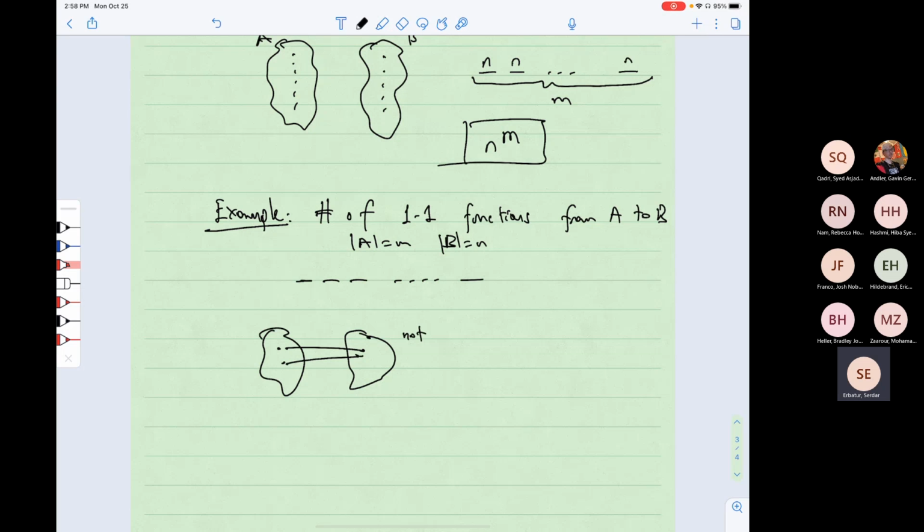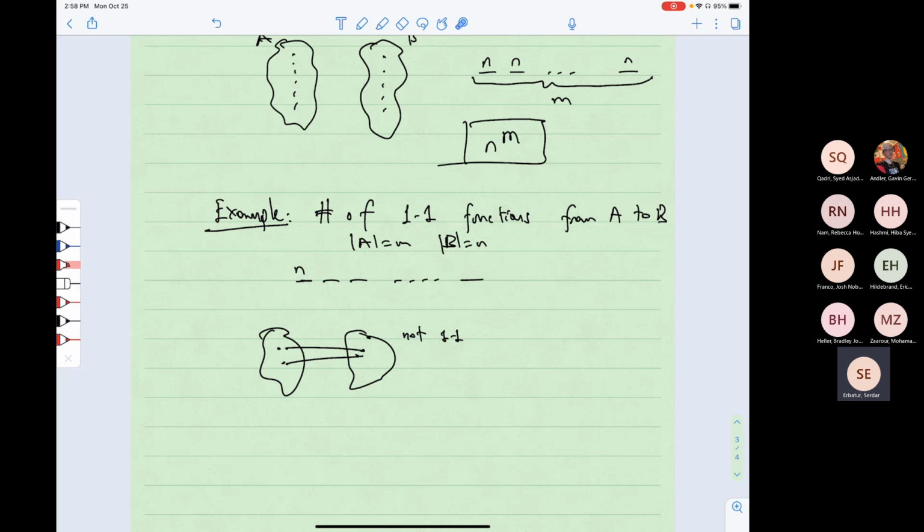So not one-to-one. Every element should go to a separate one. Okay, so then the first element could be mapped to any one of n available elements currently, right? In the next step, the one that we picked in the first step cannot be involved anymore.